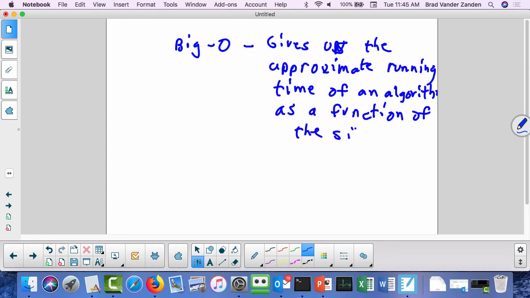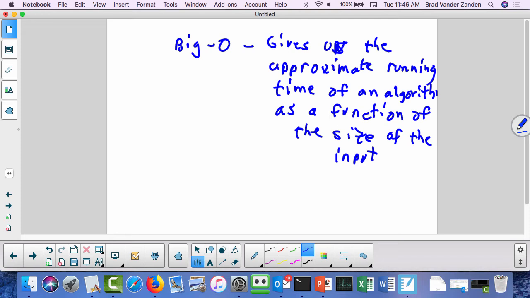Okay, if you try to do a linear search of a 10-element array, that is very fast. If you try to do a linear search of a 1 billion element array, that is very slow. So the size of the input is important. Okay? And what we're really counting is roughly the number of instructions.